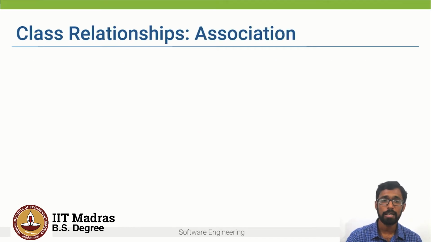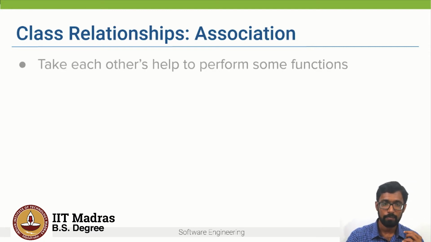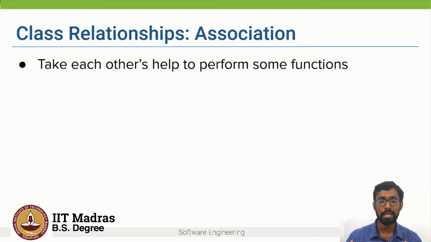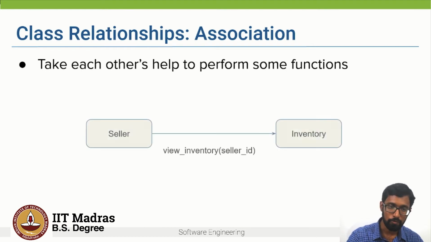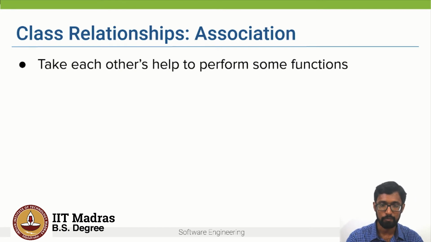So one type of relationship between classes is association. By this we mean that different classes take each other's help to perform some functions. So objects of one class invoke the methods of the corresponding object of another class.